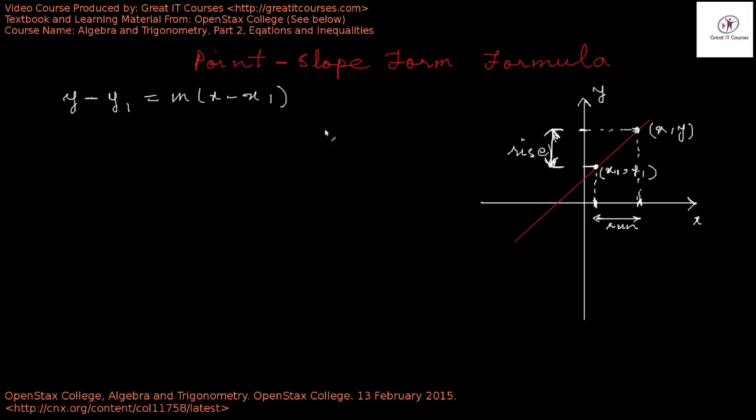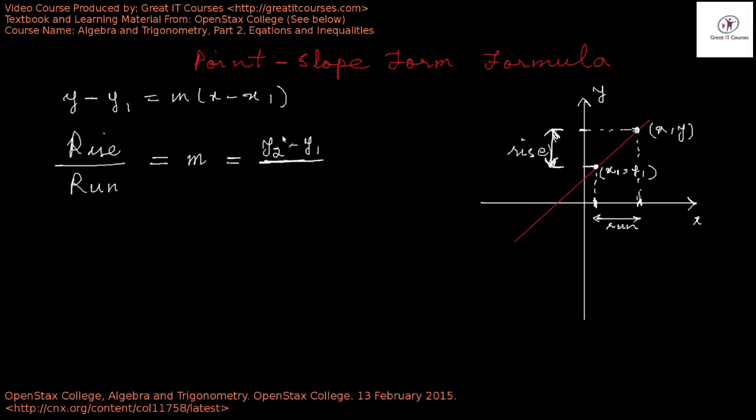Now if you divide your rise over your run, that basically is the slope of the line, which is denoted by m. What I probably haven't told you yet is that we write our rise as y2 minus y1. That means that we identify two points on the line.